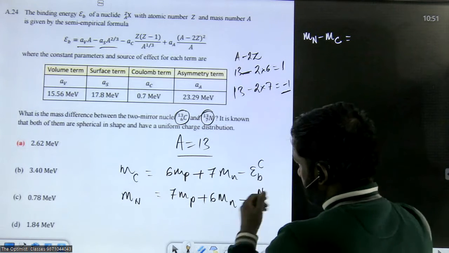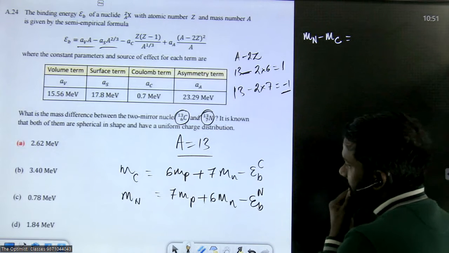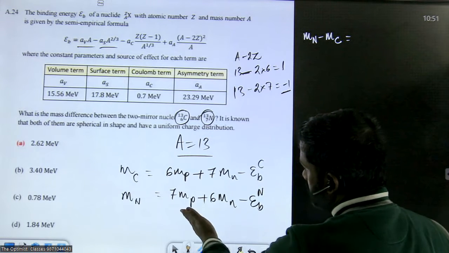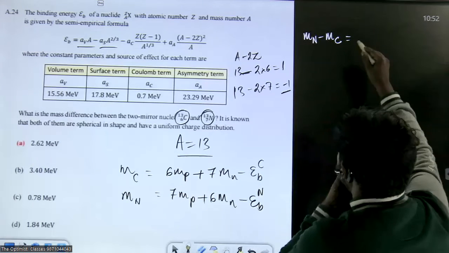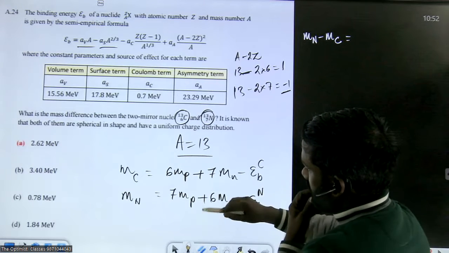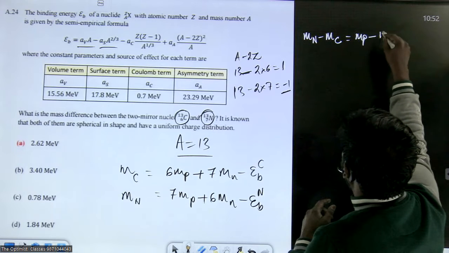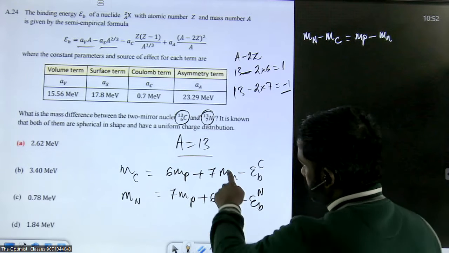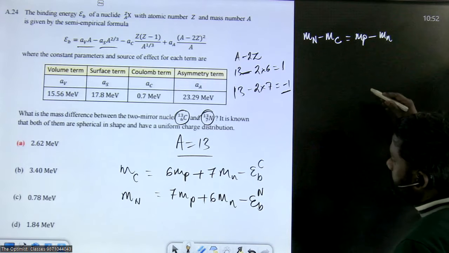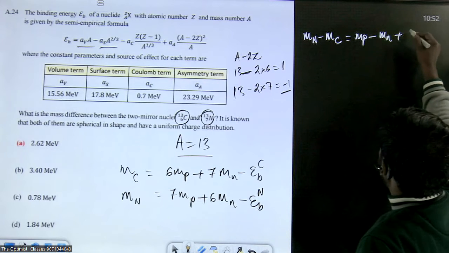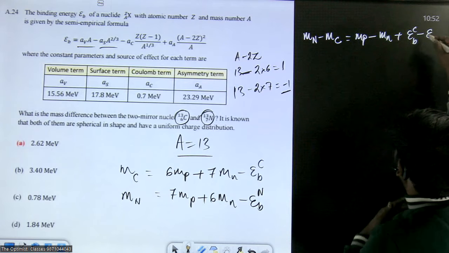So the mass of nitrogen minus the mass of carbon, let us calculate and see whatever positive or negative it comes. If we calculate, we get the mass of proton minus the mass of neutron. That is what we are getting from here. This is more actually. And plus the binding energy of carbon minus the binding energy of nitrogen.